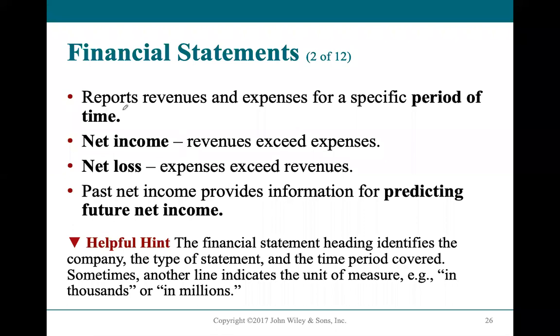Some definitions here. Something super important is that we look at specific periods of time. This is actually called the periodicity assumption in accounting. I already told you the difference between net income and net loss.